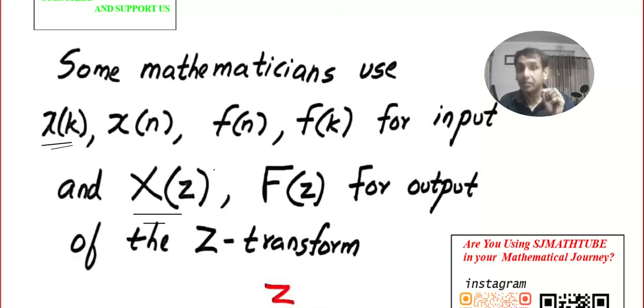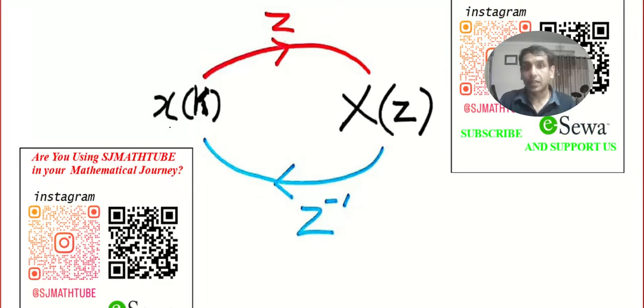Anyway, in the videos, I am trying to follow this and this. However, in many books, it's common that they use x of n. Can you see? This is the sequence generator or the sequence or the general term of the sequence. And by taking Z transform, we convert it into a function of Z. And by taking Z inverse, we reach the sequence generator.